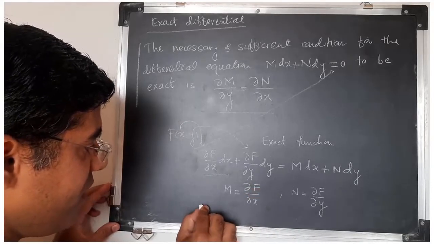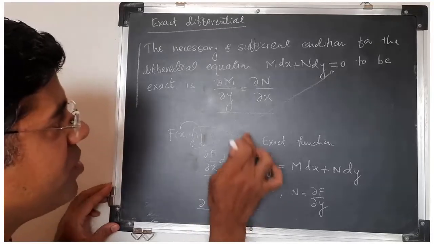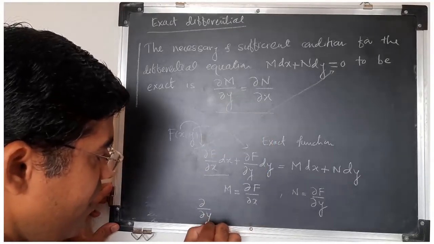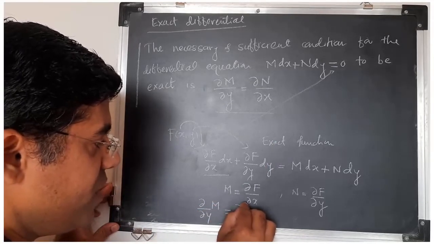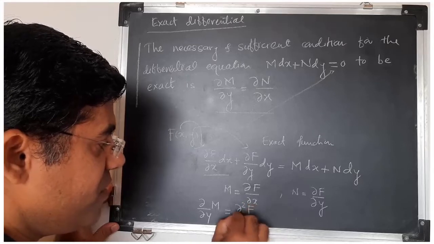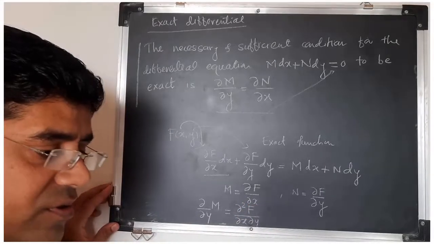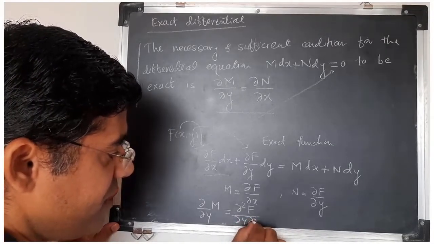So ∂M/∂y, which is nothing but ∂²f/∂y∂x, or we can write this as ∂²f/∂x∂y.